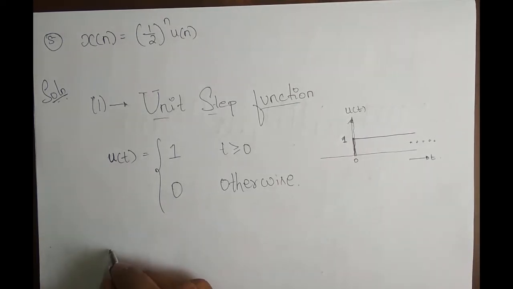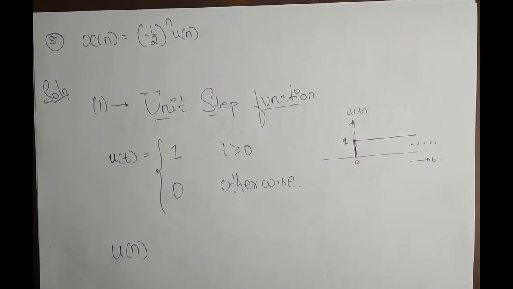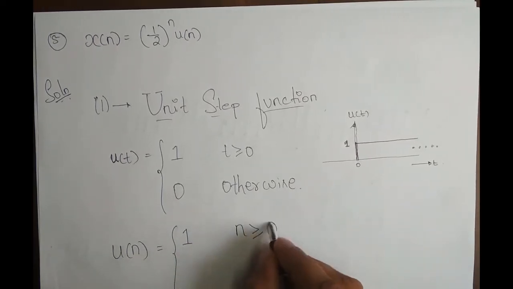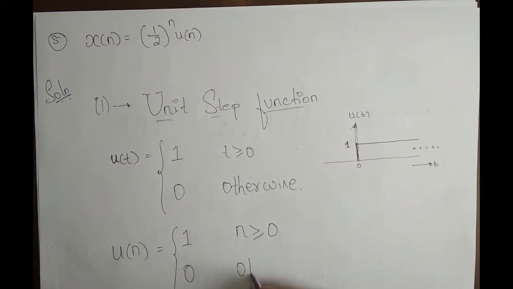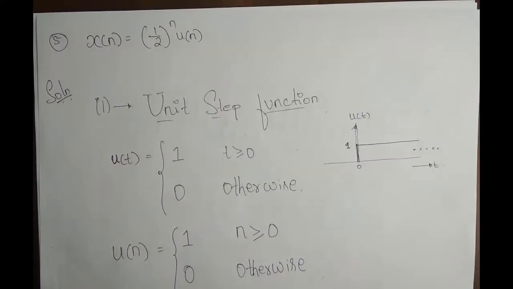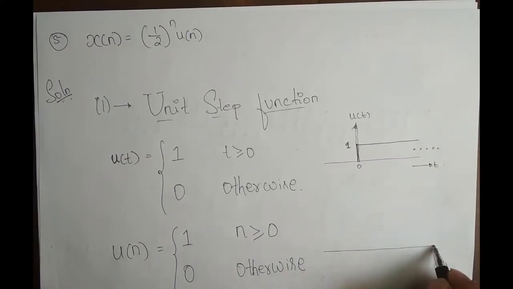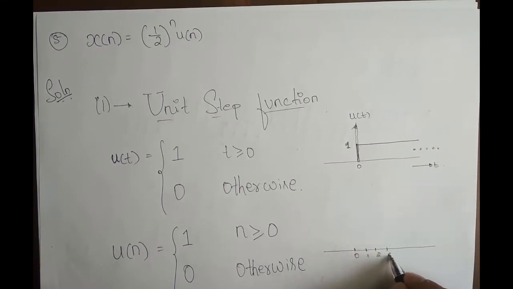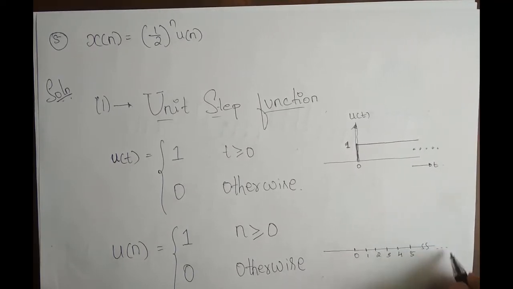This is with respect to a continuous time signal. For a discrete time signal, it is denoted by u of n, small letter n, and it is the same thing: 1 for n greater than or equal to 0 and 0 otherwise. Graphically, since it is a discrete time signal, we have samples at n equal to 0, 1, 2, 3, 4, 5 and so on till n equal to infinity.